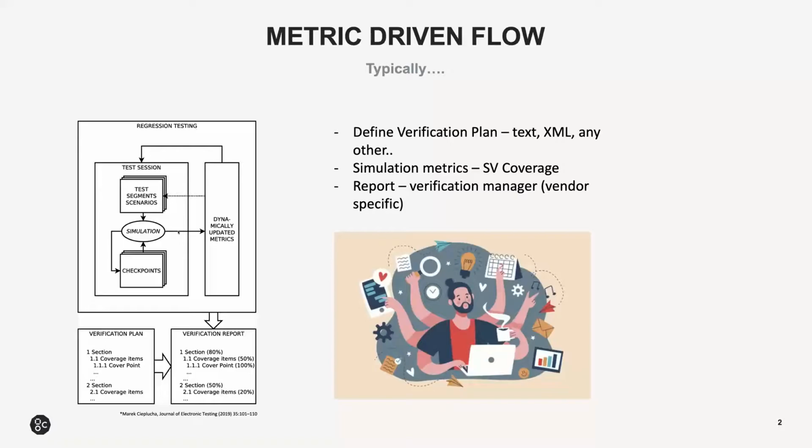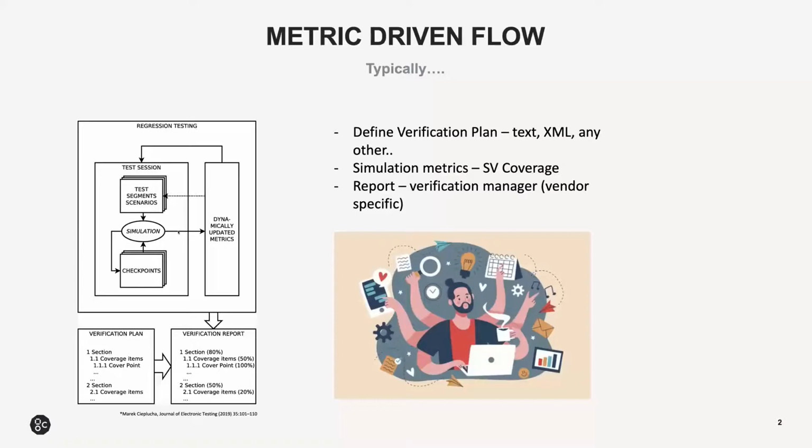So where's the problem with this? We've got multiple places to change. Firstly, we have to define a verification plan. That could be text, XML, anything really. I imagine that's very team specific. We have to collect coverage. Typically, that would be in some way incorporating SV coverage.